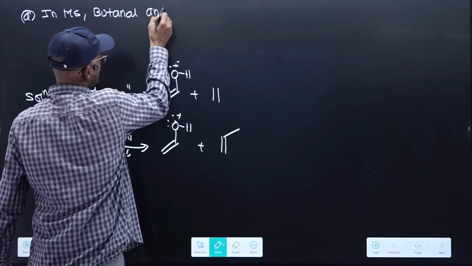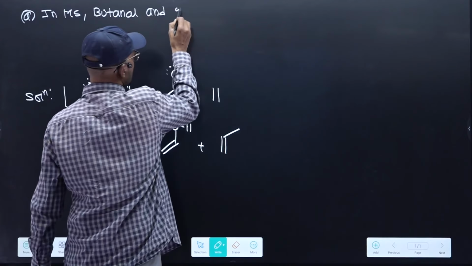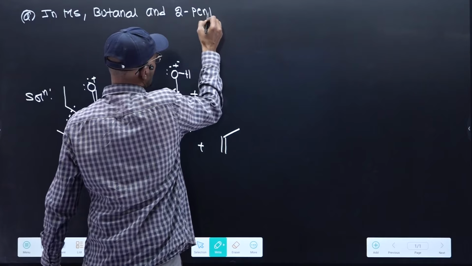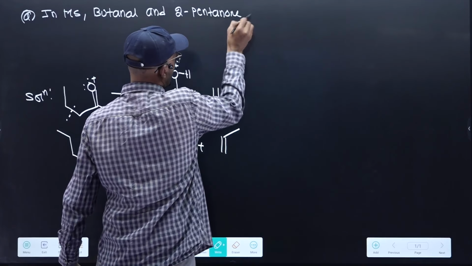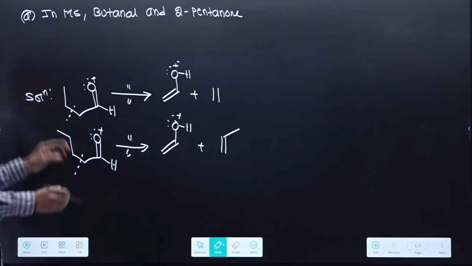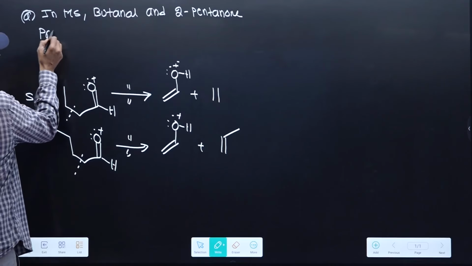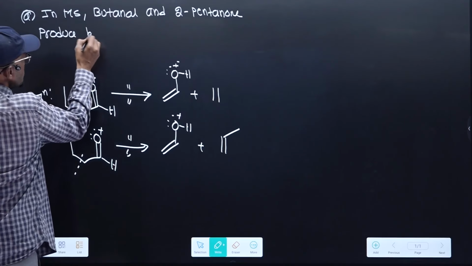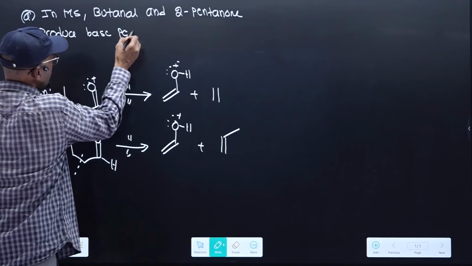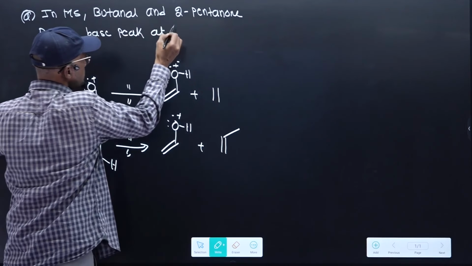In mass spectrometry, butanal and 2-pentanone produce base peak at... where will it produce the base peak?